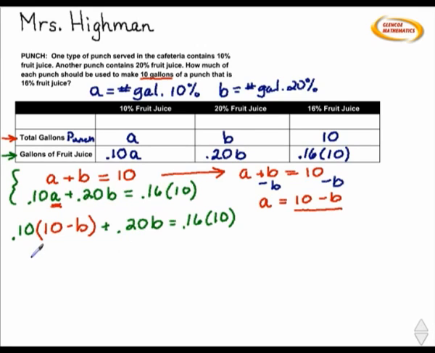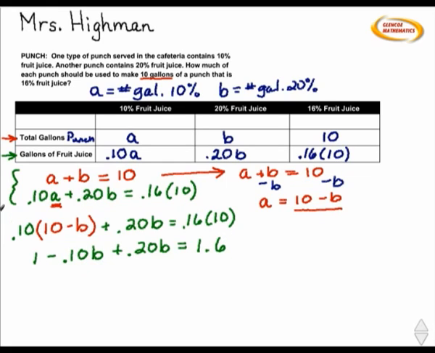So now we'll do a little bit of simplifying here. We're going to distribute the 0.10 times 10, and that gives us 1. We distribute here, we get minus 0.10B plus 0.20B. And when we multiply these together here, we get 1.6.